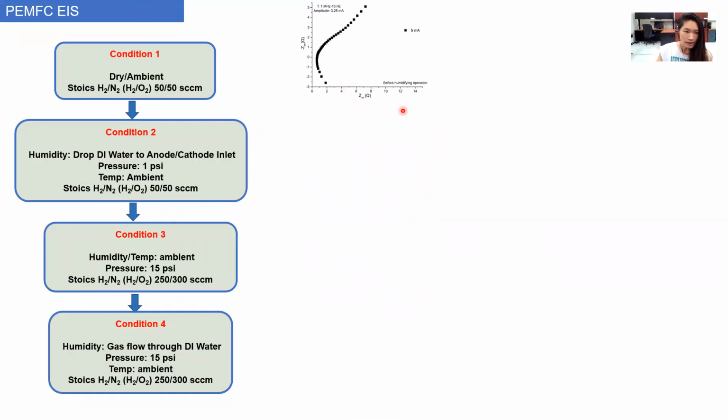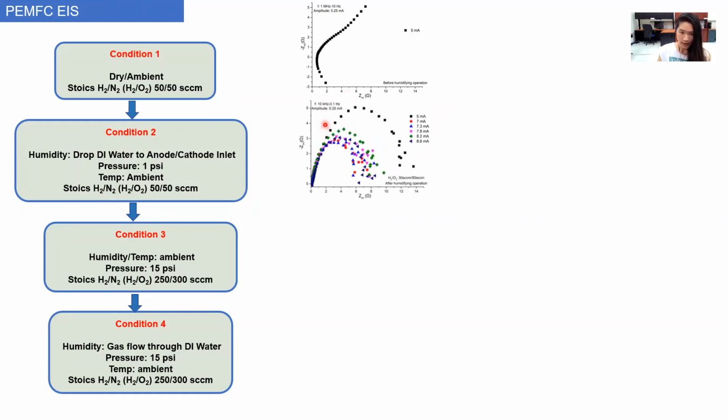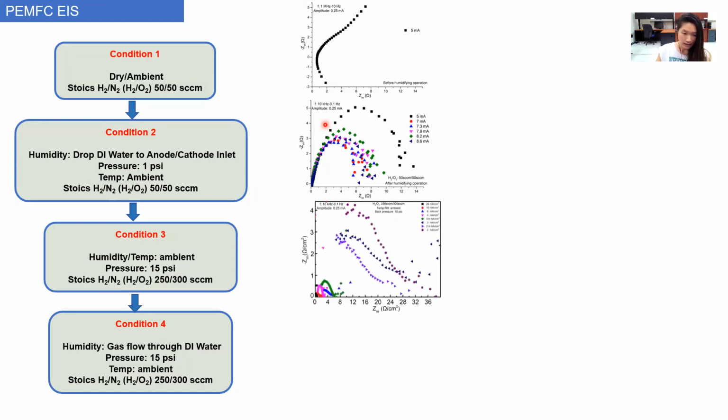At dry ambient conditions, we can see the impedance didn't show a semicircle charge transfer resistance. After humidification, we can see a kind of semicircle curve. When we increase the back pressure but don't humidify the gas, we can see the impedance is not a smooth semicircle.